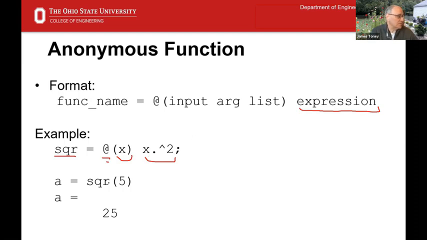All right, so what this does, when you call the function, you pass it a value, that will go into x. It does this operation and returns whatever this expression evaluates to, which in this case is going to be 25. And that's what will be displayed here. Or in this case, that's what A will be. All right, so just an alternate way of defining that same function that's more compact.